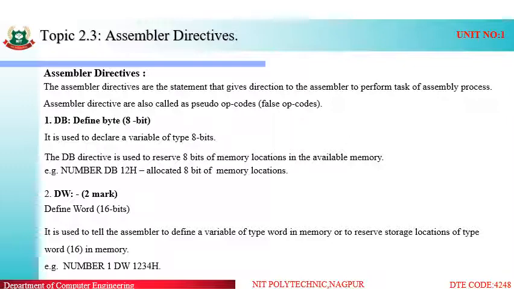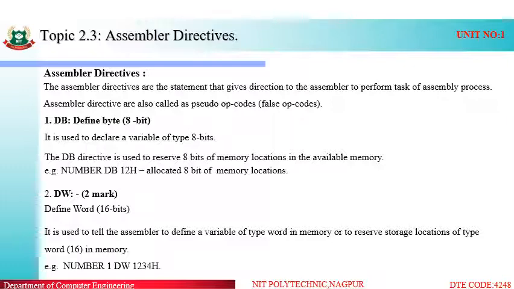Assembler directives are also called pseudo opcodes or false opcodes. Pseudo means false, so assembler directives are not internally processed. So they are called false opcodes. Opcode means operational codes.